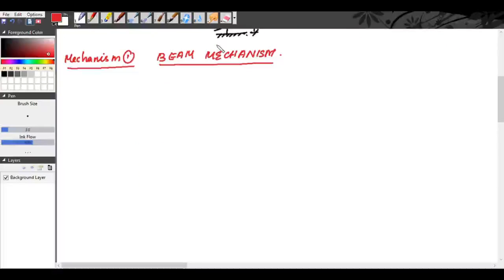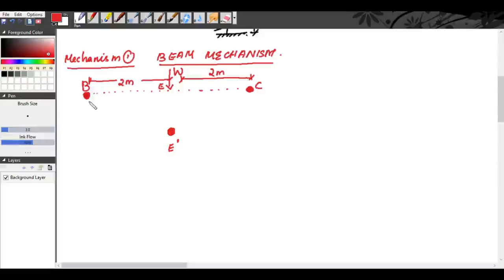Now we will draw the beam mechanism. So we have the beam BC. There is a concentrated load of W. The distance is 2 meter from B and 2 meter from C. So the plastic hinges will be occurring at B, at C, and at E. So let us take this point as E dash.